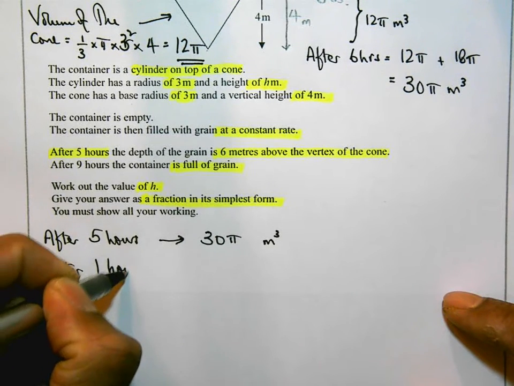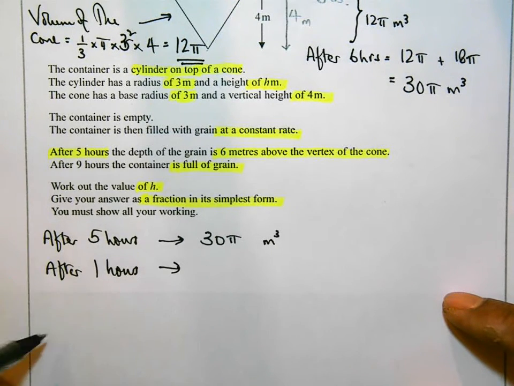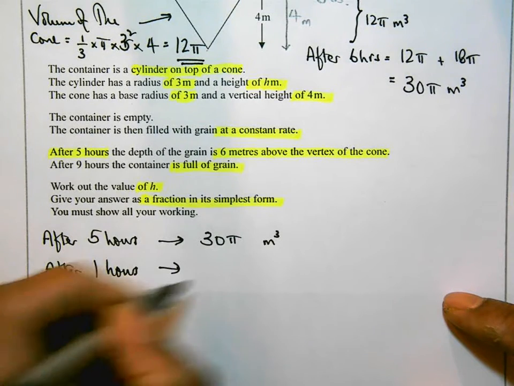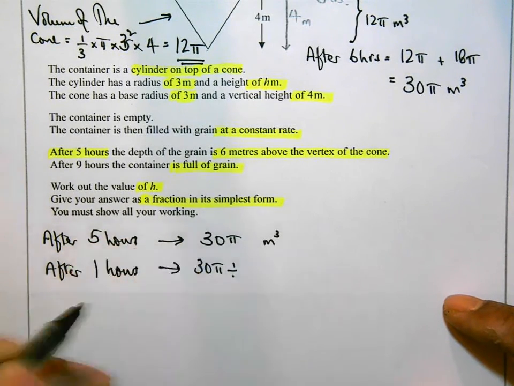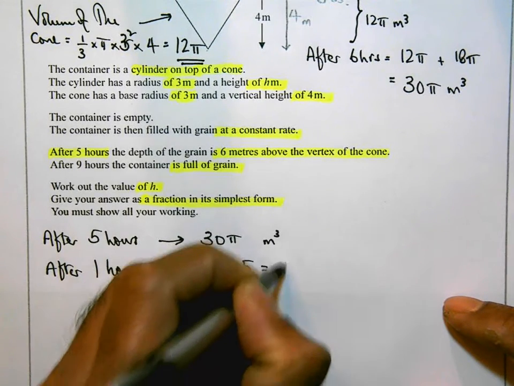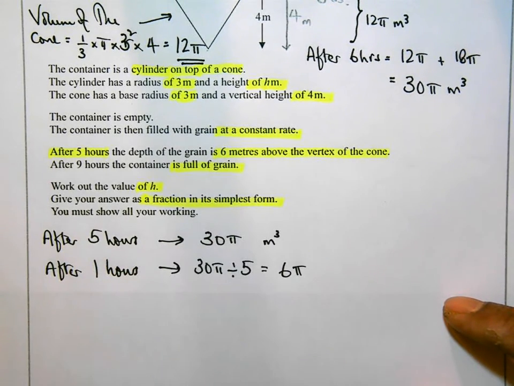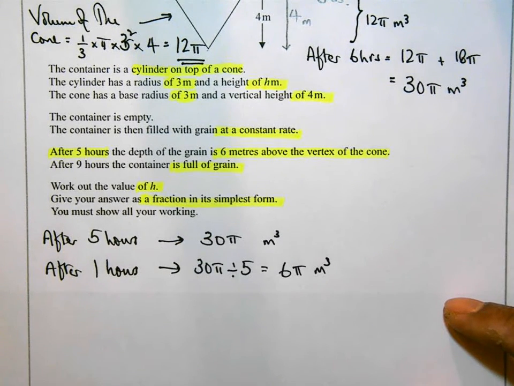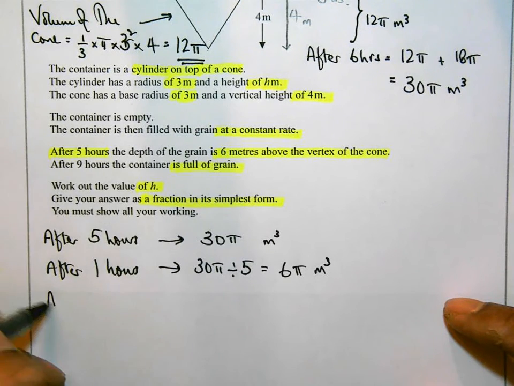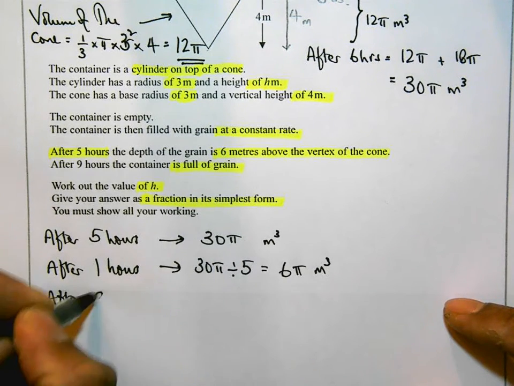So if I break this down, after 1 hour, what volume of grain is put in? 30 pi divided by 5. That's 6 pi. So every hour, 6 pi meters cubed of grain is put into the container.